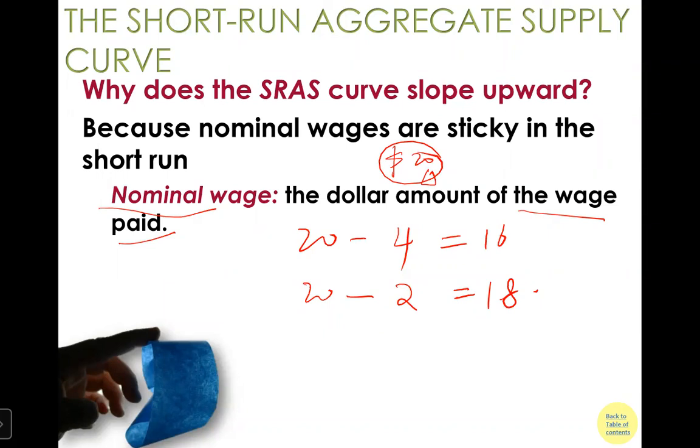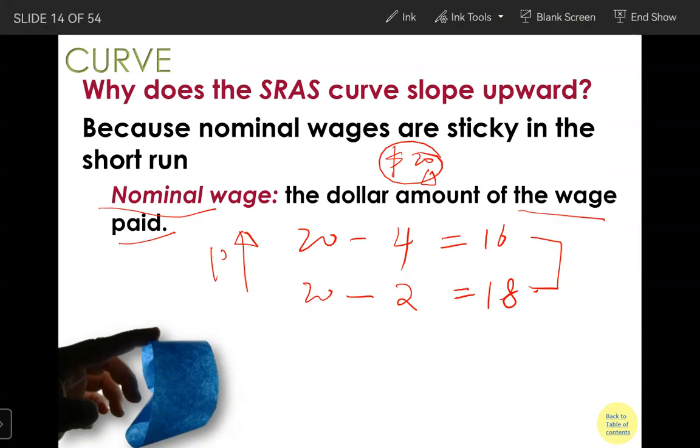But now you see the difference, right? Because of the price change, the business owner extracts more surplus from the worker, but certainly they have an incentive to hire more workers, right? Okay, so this is nominal wage.